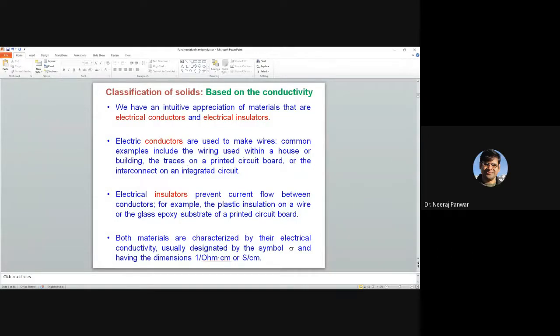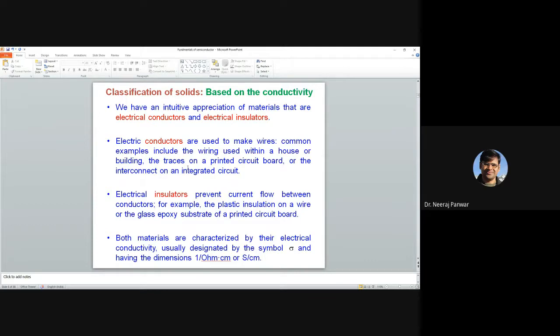The next one is how the solids transport the electric current through them. So based on this, we can classify the solids. We know the electrical conductors and electrical insulators, and a very simple definition is that the solids which allow the electric current to pass through easily are known as the conductors, and the materials which do not allow current to pass through them easily are known as insulators.